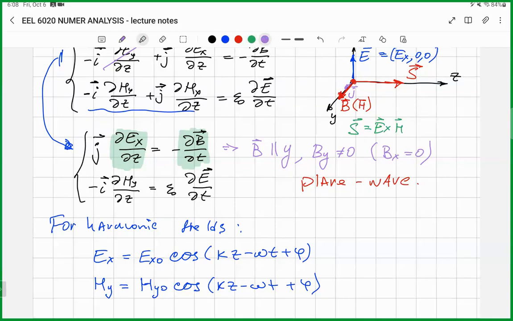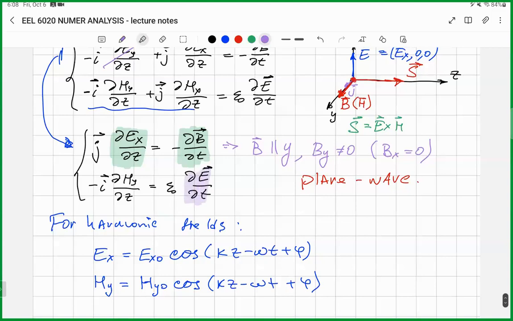And likewise, in the second formula, the change of the electric field in time causes the change of the magnetic field in space, and the two form connected equations, right? This is a system of two equations.